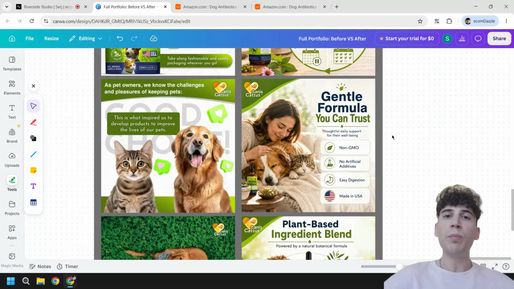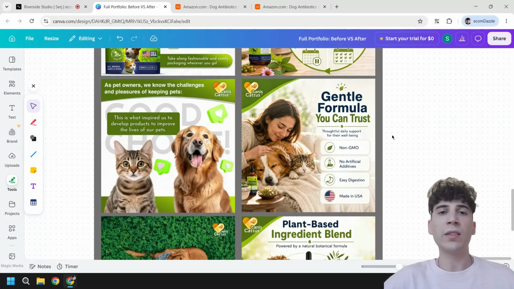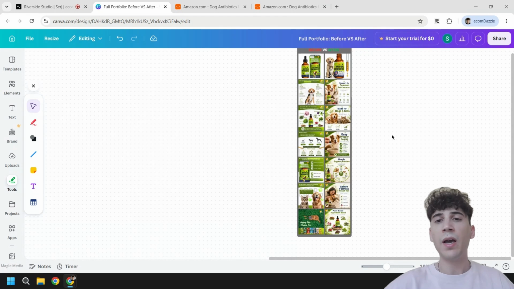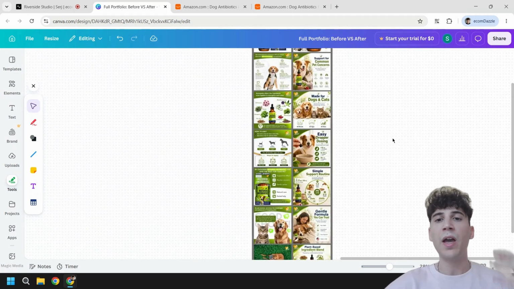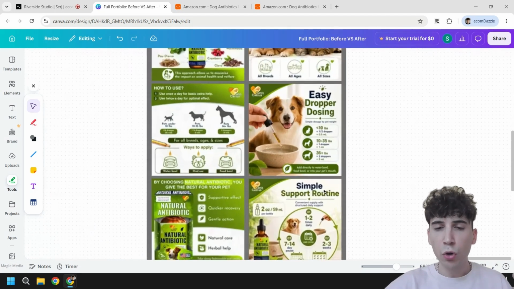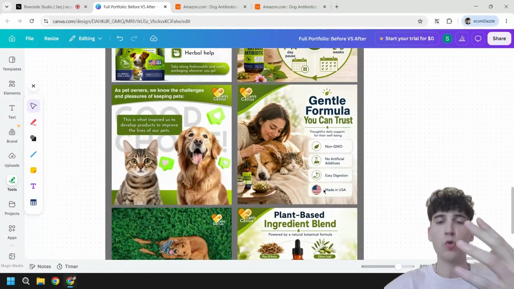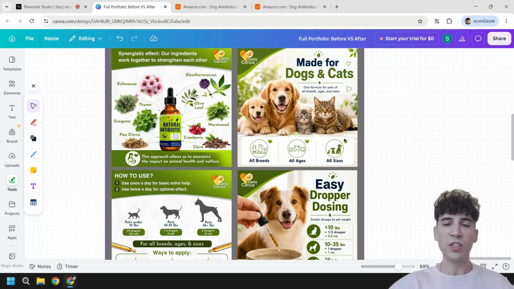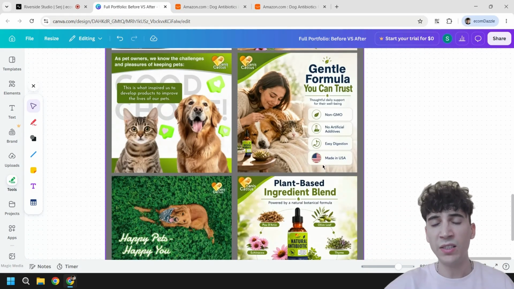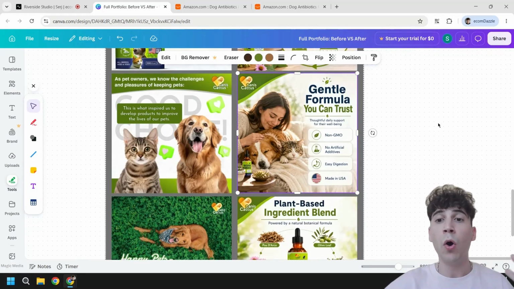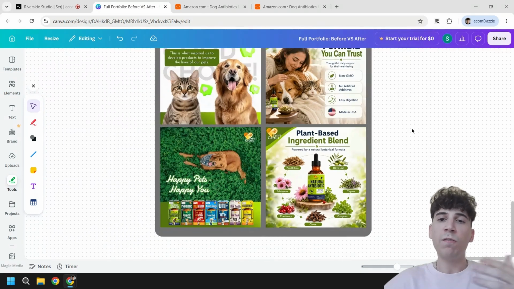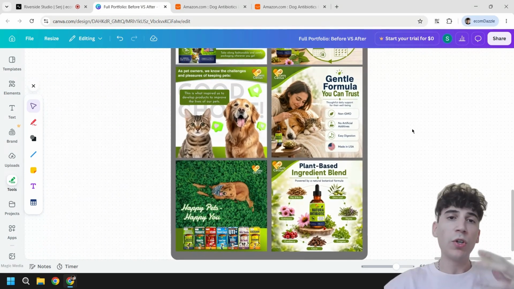And now you can show the remaining images that might not directly answer their questions, but now they're pushing more towards the purchase, because the first images try to reduce the guard that the shoppers have when they open your listing. And when this guard is reduced, then you're pushing them towards a purchase with trust. Now you are showing this product is exactly what you need and it can help your specific pet. And now you can trust us. It is not simply something that can help you, but it's also of a high quality. We have natural ingredients, and it's kind of a final push that you make towards the purchase.